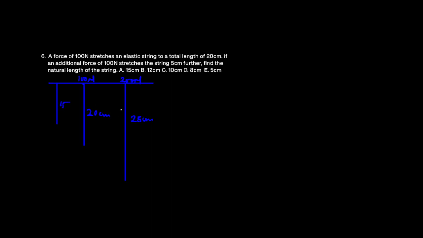But if you don't want to do that, you can do what we did earlier. This is when it is 0. So you know that K equals F over E. So that will be change in force over change in the extension. So that will be 100 minus 0 divided by 20 minus 15. And that will equal 200 minus 100 divided by 25 minus... okay, sorry, this is not minus 15 because we've not really gotten the answer. Sorry, my bad.